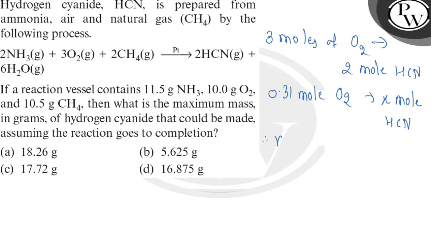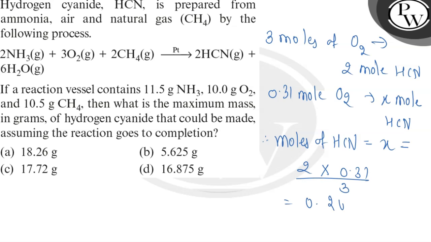So moles of HCN is equal to, that is X is equal to 2 into 0.31 divided by 3 is equal to 0.206.